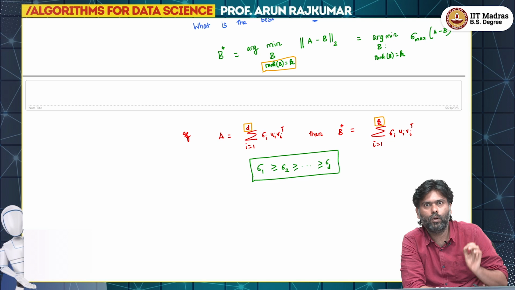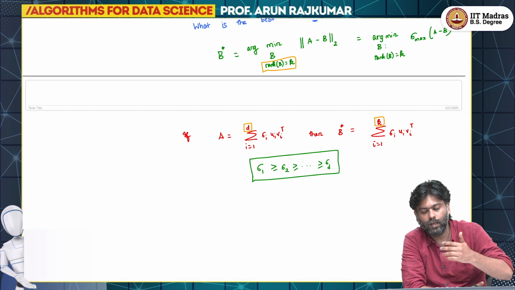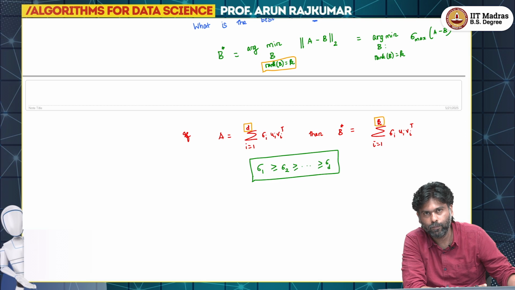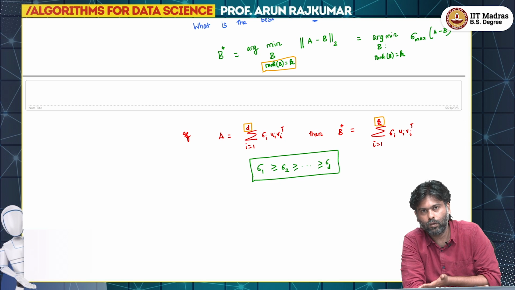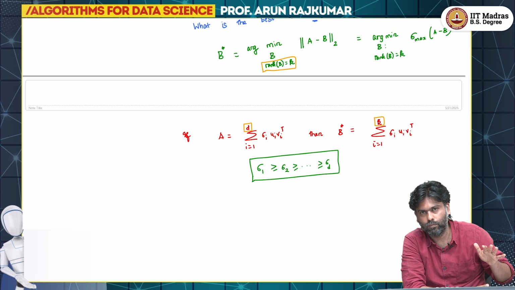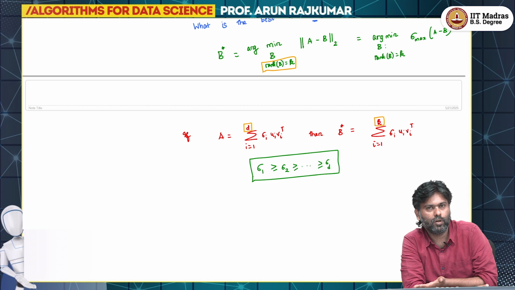Now, we are asking what is the best rank 10 approximation of A in the L2 norm sense. The answer is, you do the SVD of A, take the singular values, make all singular values from 11 till 500 zero, and then reconstruct the matrix.